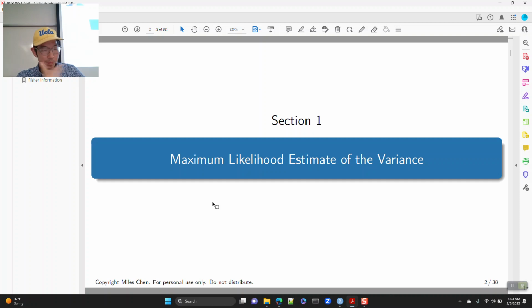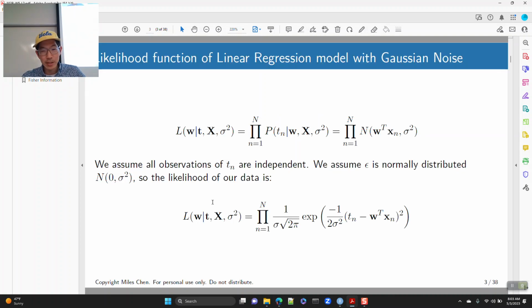Okay. Well, on Monday we did maximum likelihood estimation, and what did we say? We said, to maximize the likelihood of our data, we want to figure out the parameters that go into W, which are, in linear regression, our slope and intercept terms, or basically just that vector of weights.